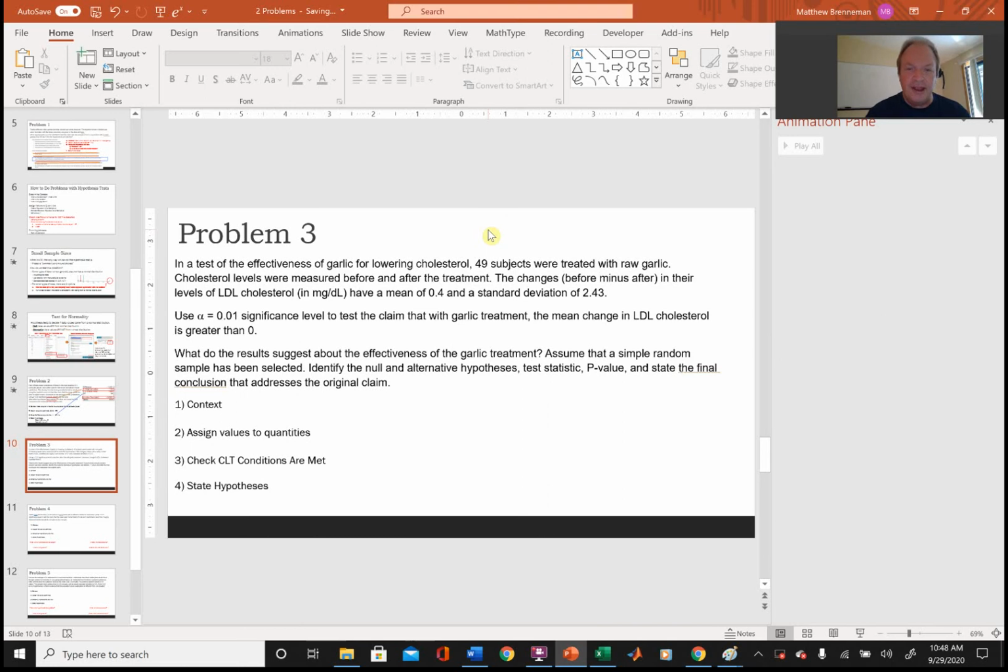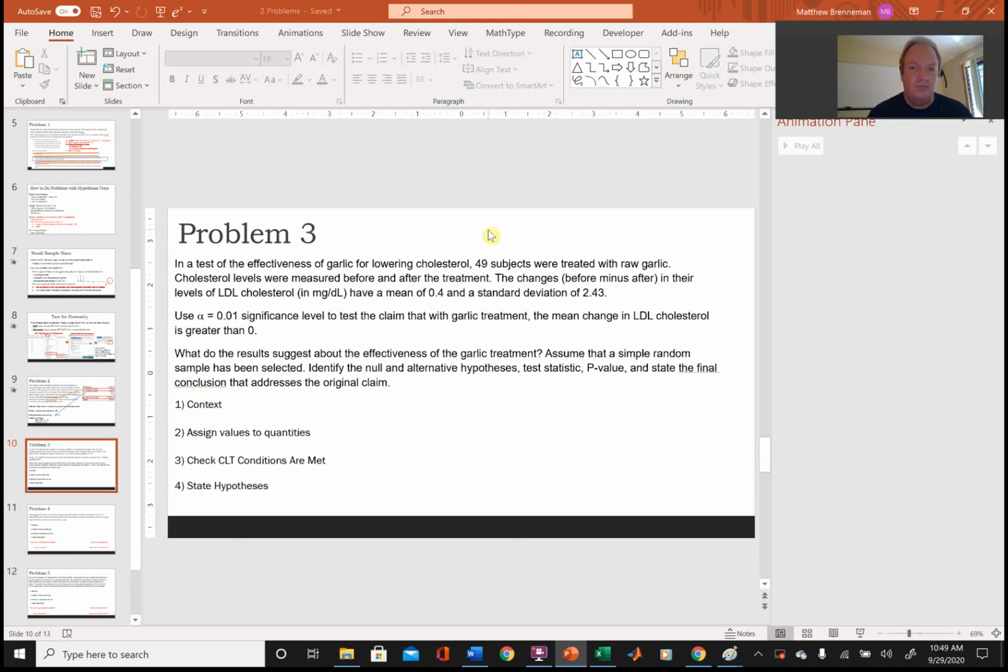So let's take a look at this problem and try to puzzle through it. It says, in the test of the effectiveness of garlic for lowering cholesterol, 49 subjects were treated with raw garlic. Cholesterol levels were measured before and after the treatment.